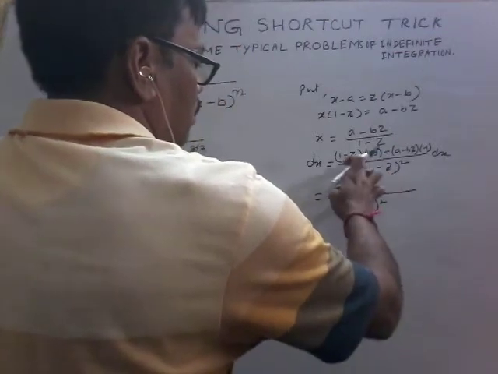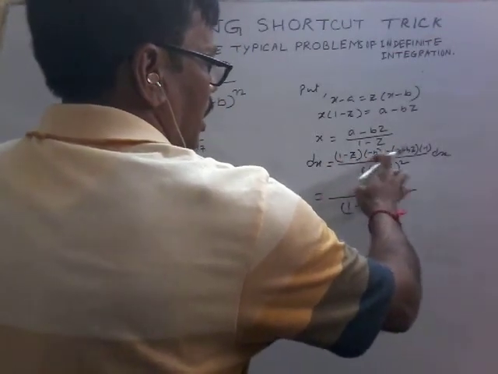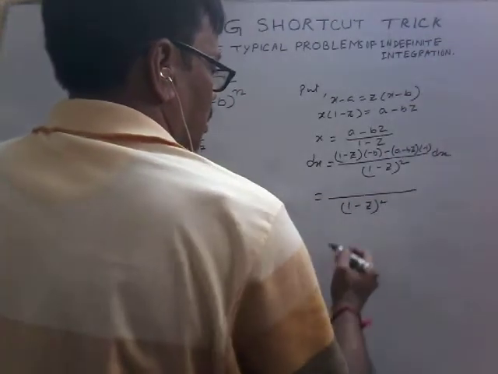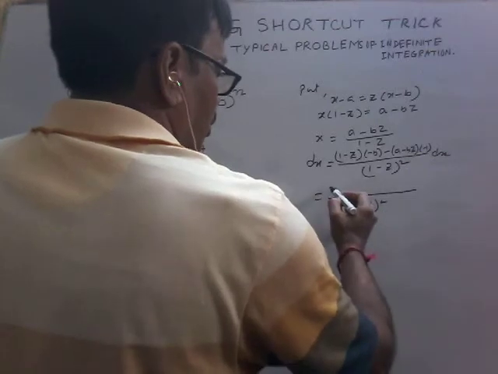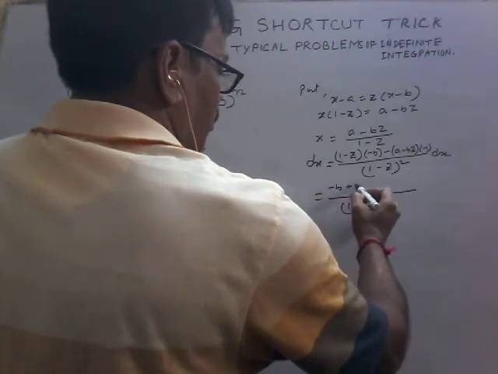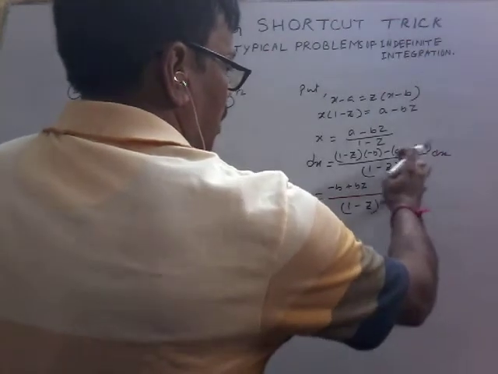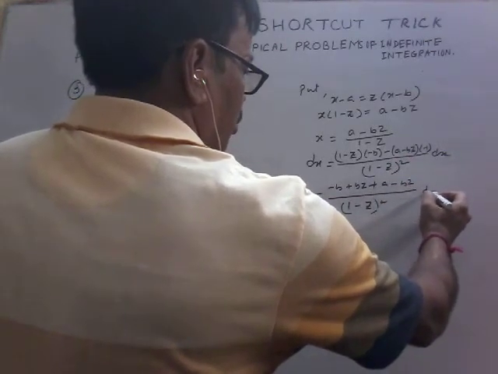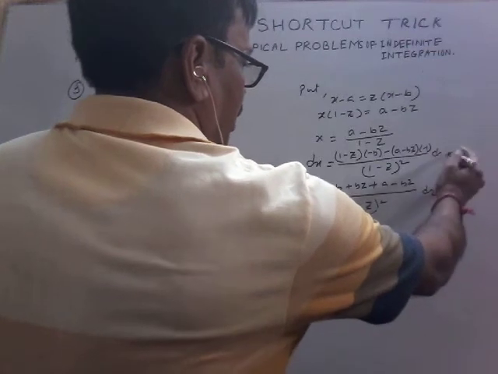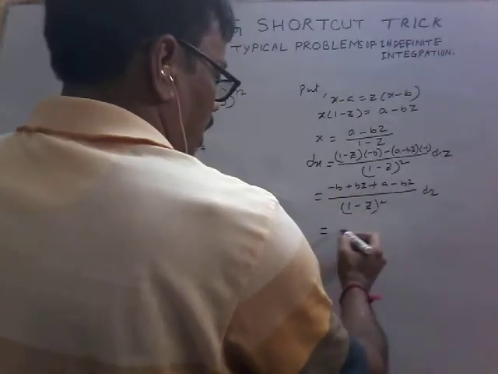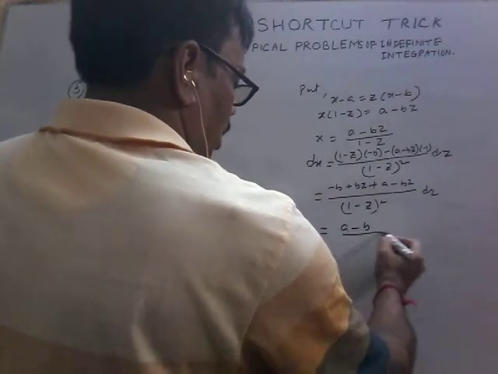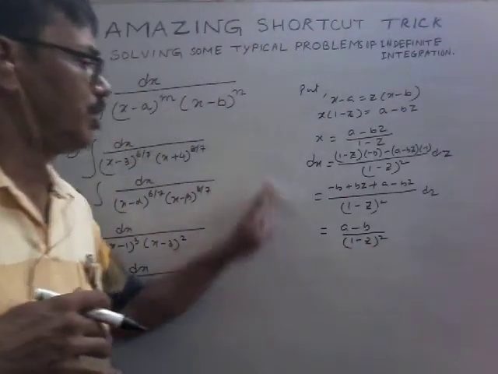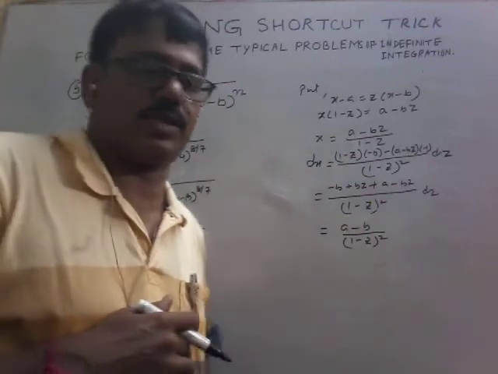So minus b plus bz plus a minus bz, into dz. So we are getting (a minus b) by (1 minus z) whole square. This is the value of dx.